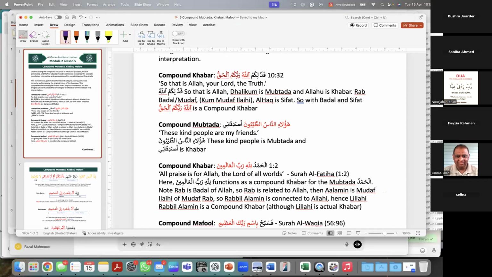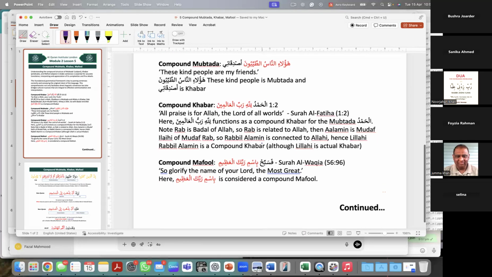So what I explained is here. You can have a look. Of course, you will be studying again, inshallah. We are looking at a compound mubtada now. And in order to really establish that, always look at the translation, or do the translation yourself.